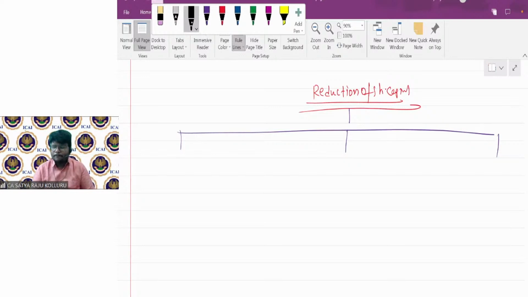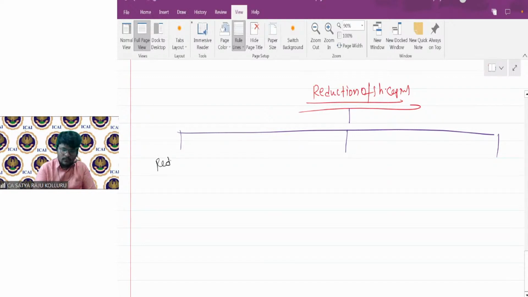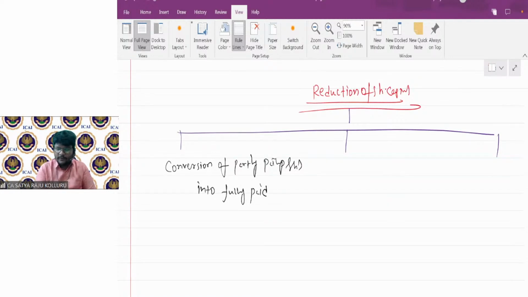One form is, sorry, not reduction, conversion of partly paid up shares into fully paid up shares. Conversion of partly paid up shares into fully paid up shares.